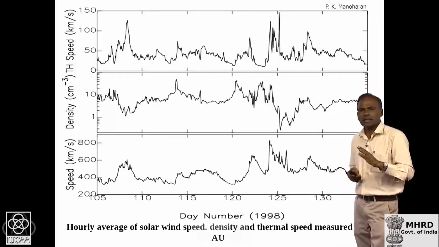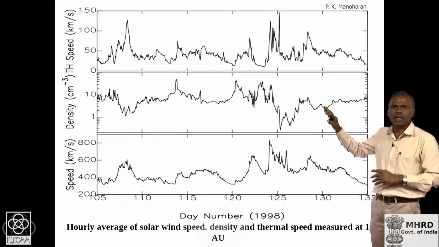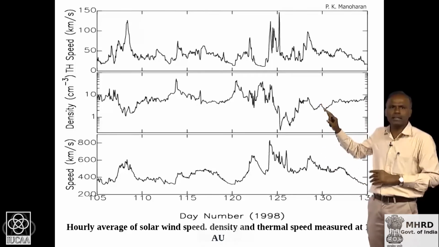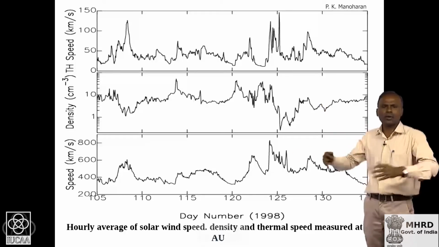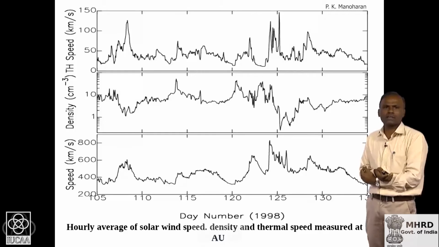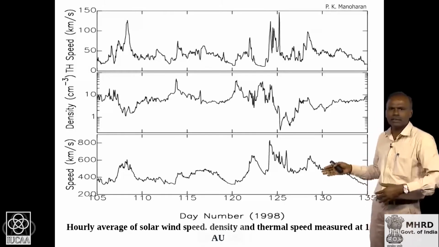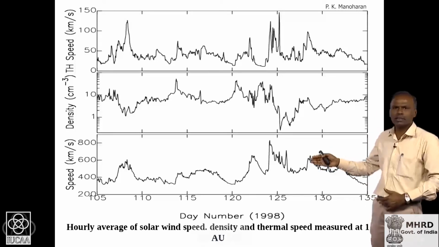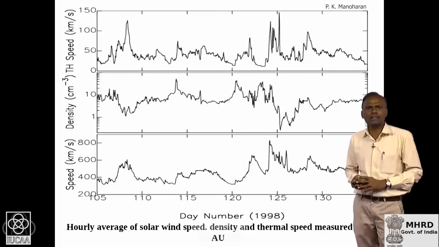So this plot shows the typical variation of thermal speed, density, and speed for one solar rotation. The x-axis is the day number, typically for 30 days.